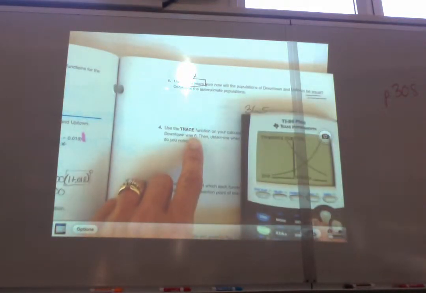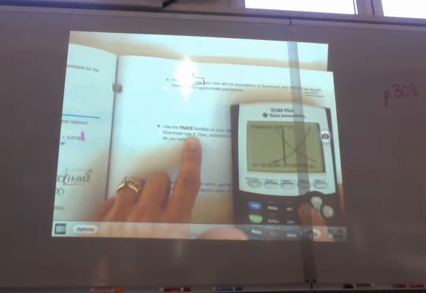Oh, we got to go back to where the population is 0. No, that's x. Okay, population is the y value. Do you see it getting smaller as you back your way up? We're trying to get the y down to 0.